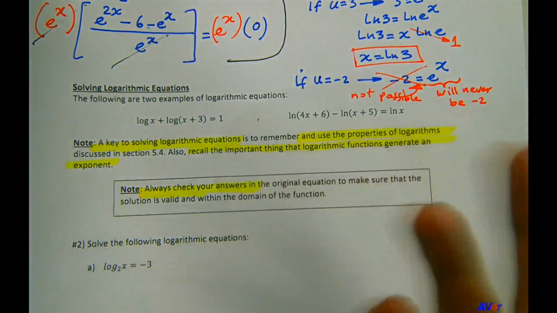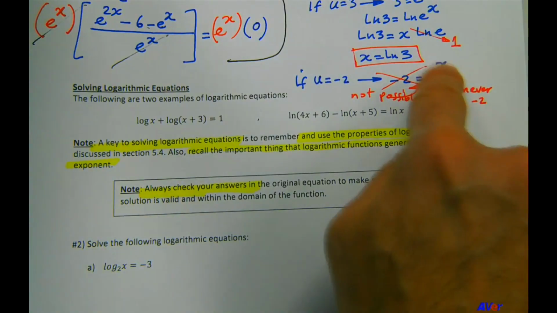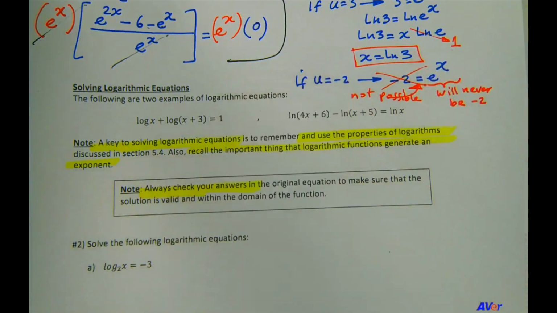So there is no solution for x when u equals -2. We had to make that check and conclude that. But usually with exponential functions, except rare cases like this, where you have to say, wait a minute, this doesn't make sense, all the answers you get are valid results.